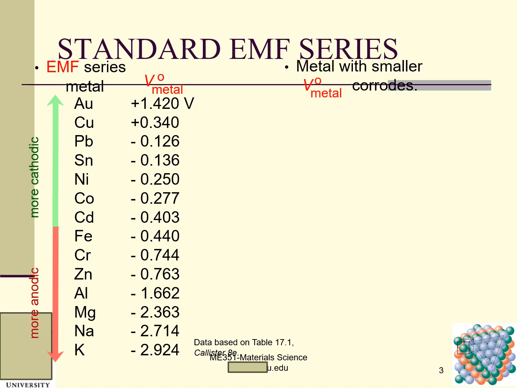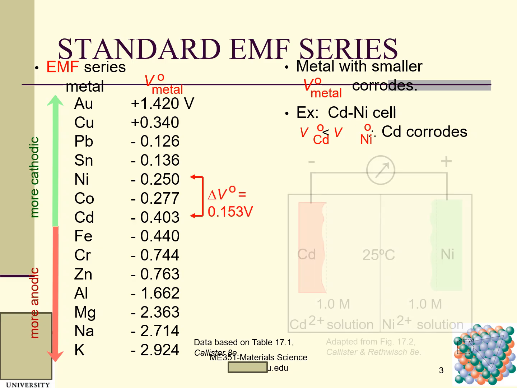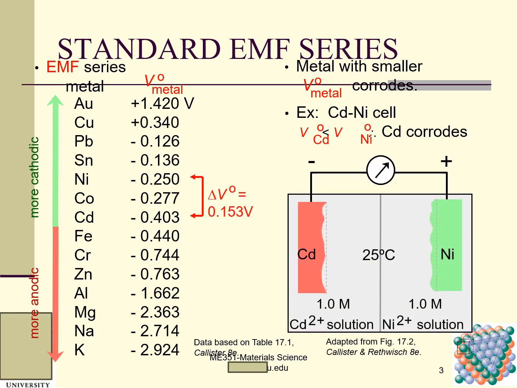Metal with a smaller standard electrode potential, or standard EMF value, corrodes. For example, this is Cd and Ni. Cd is cadmium, a toxic material. Ni is nickel. Cd has lower standard electrode potential.